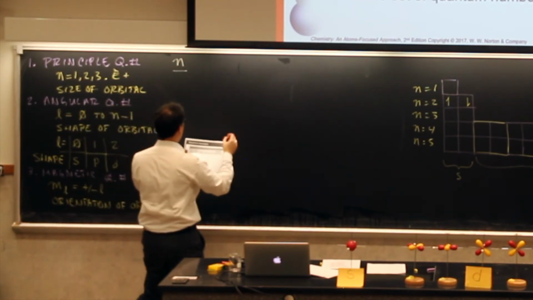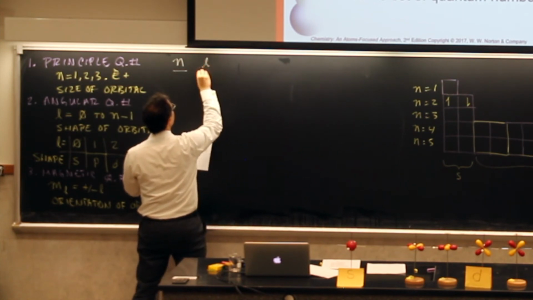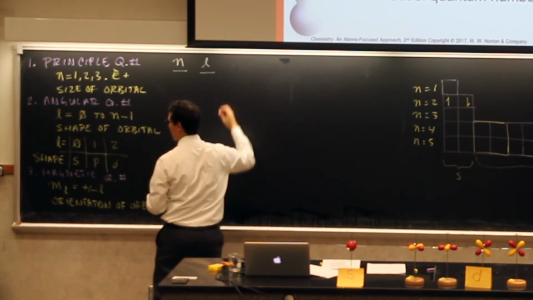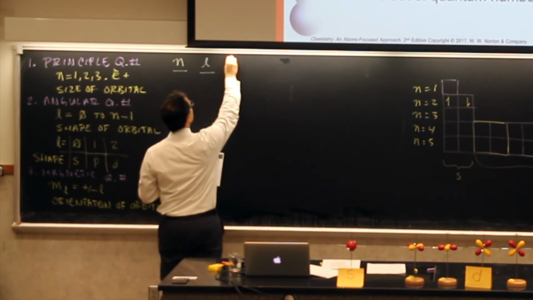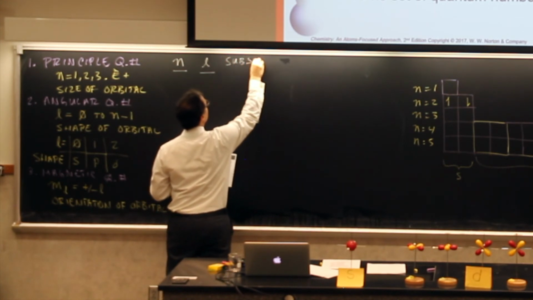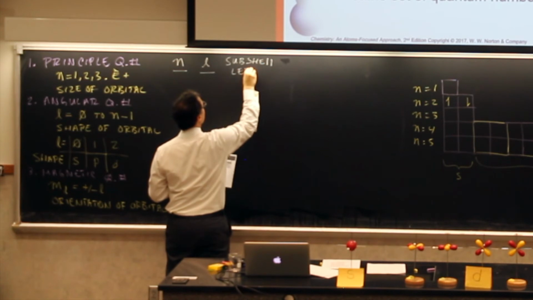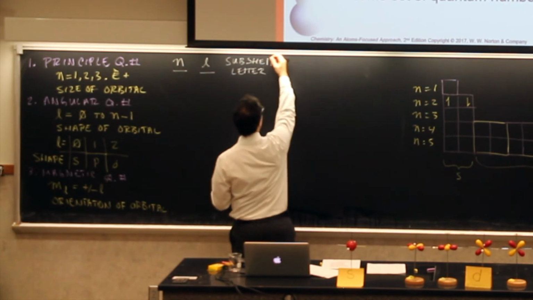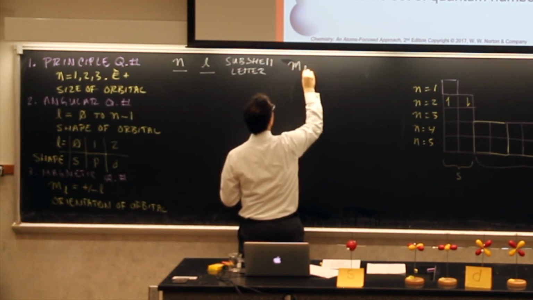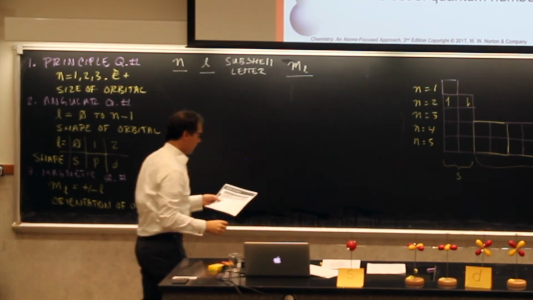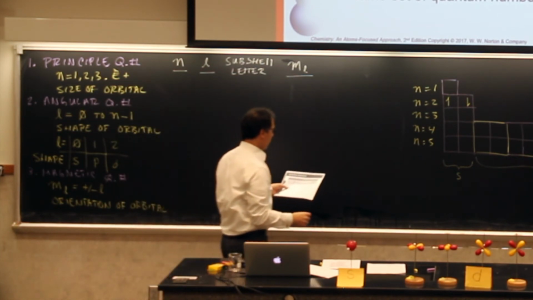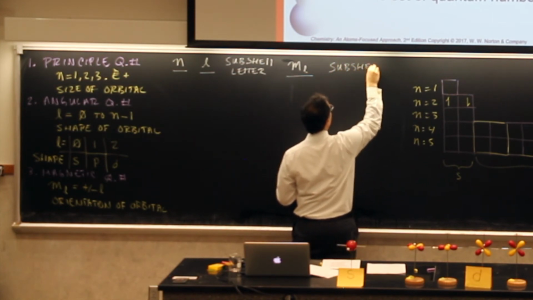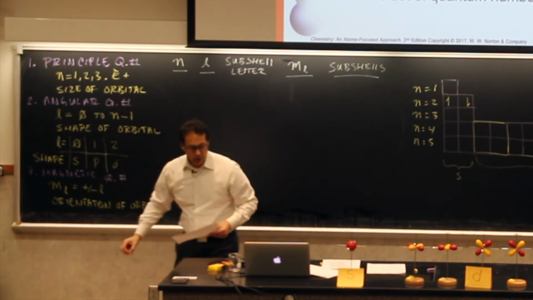We're going to put N, we're going to put L, and then we're going to put subshell letter, and then we're going to put our values of M sub L. And then we could put our number of subshells. All right. So this is going to be our cheat sheet.